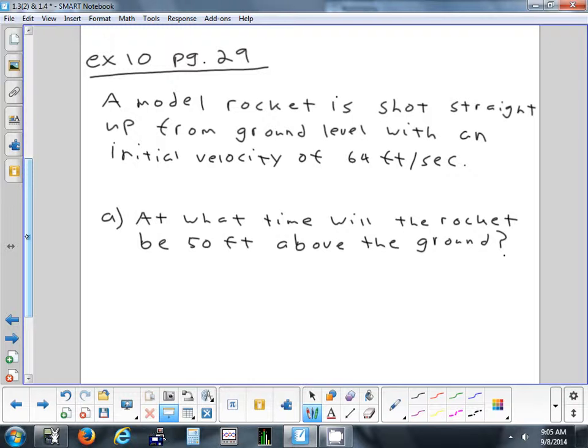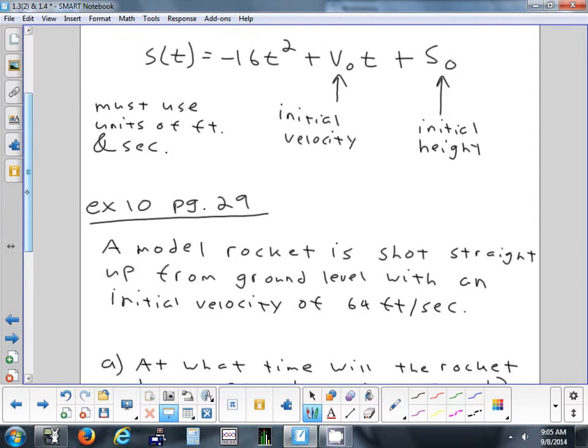Let's start with part A. When will the rocket be 50 feet above the ground? Again, I'm going to use a graphical approach. I'm not going to use algebra to solve this. First thing we want to do is write out our formula, filling in what we've got.